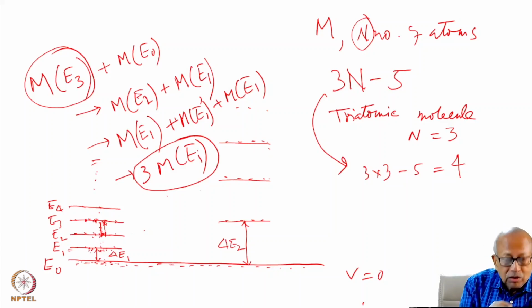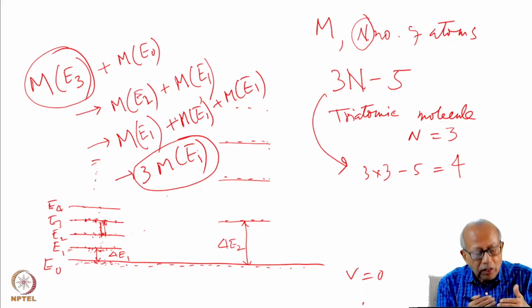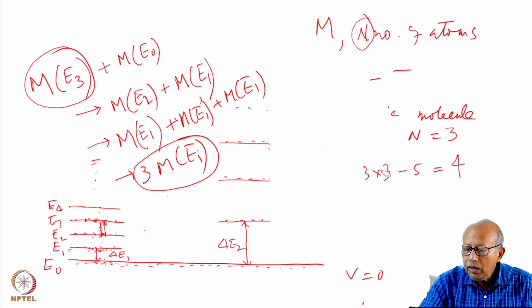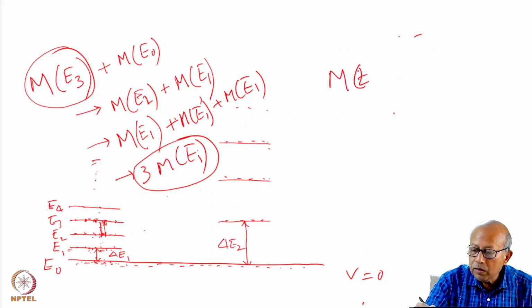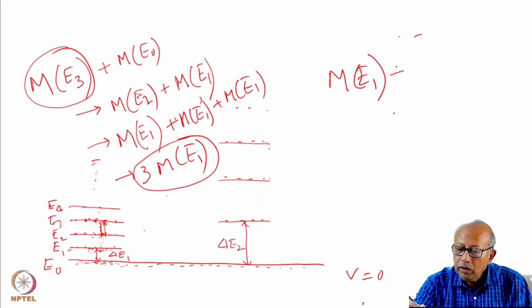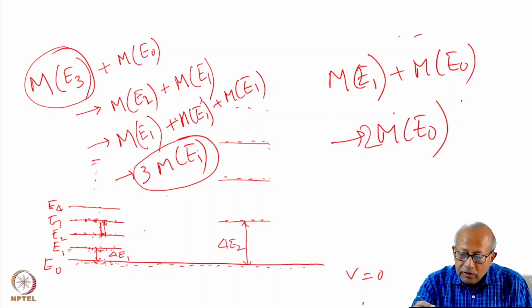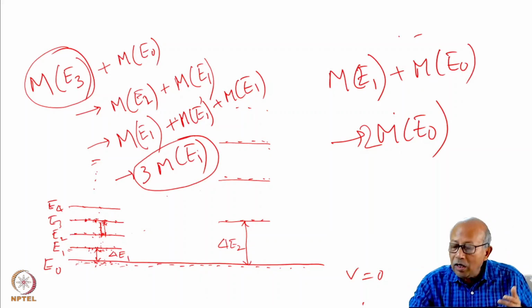Once it comes to this state, then it cannot relax anymore to this. That efficiency becomes much less, because if this molecule has to relax to the ground state, Me1 collides with Me0, and if it has to become Me0, so it becomes 2Me0, then this vibrational energy has to be carried by this molecule as its translational energy.